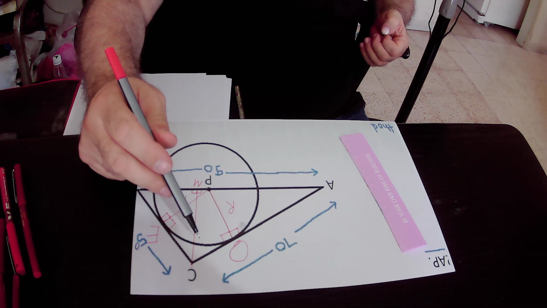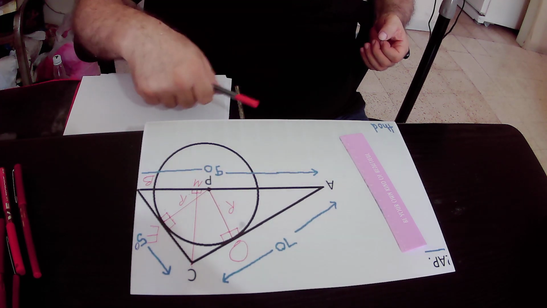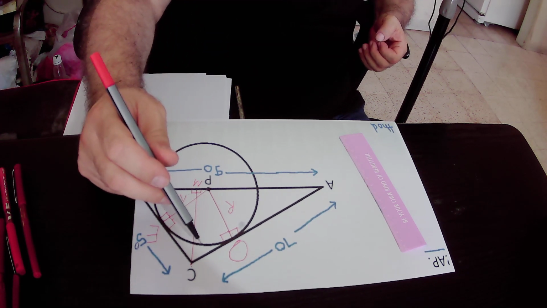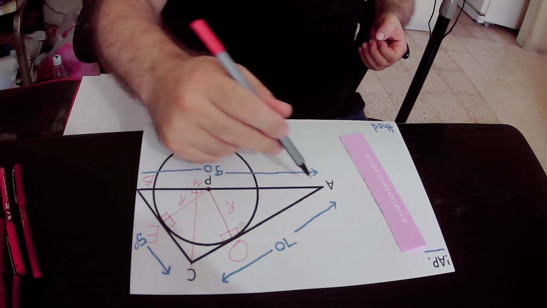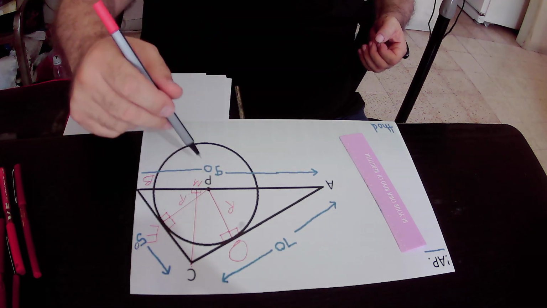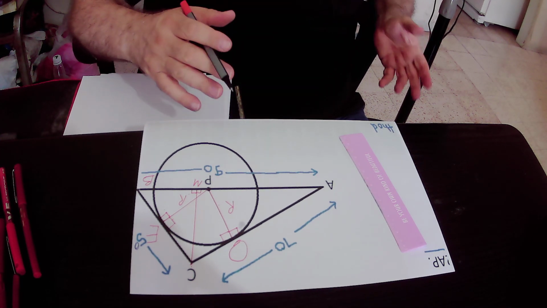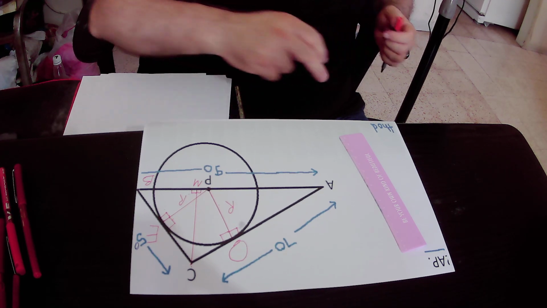So we created two more triangles that are right triangles. Triangle CMA is a right triangle and triangle CMB is a right triangle. So in total we actually created four right triangles.